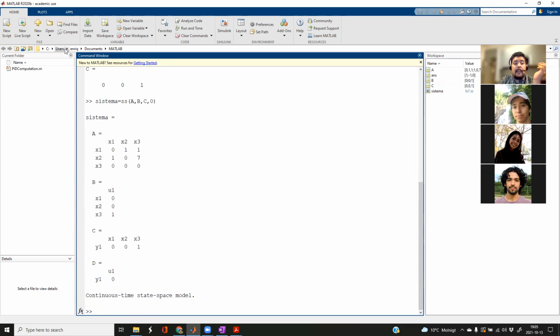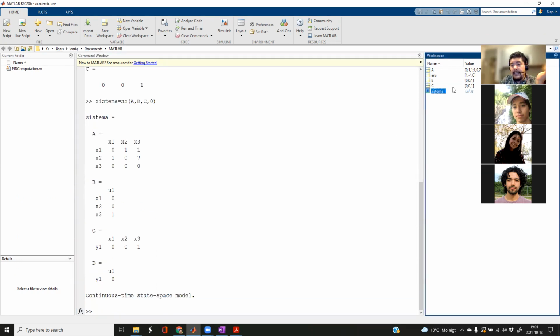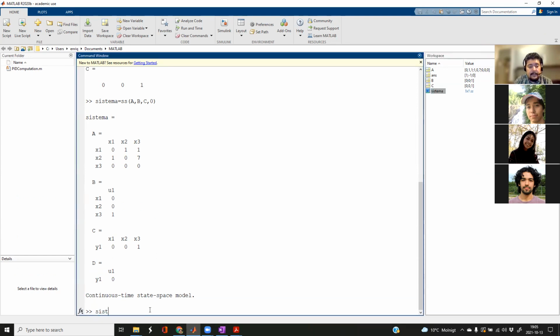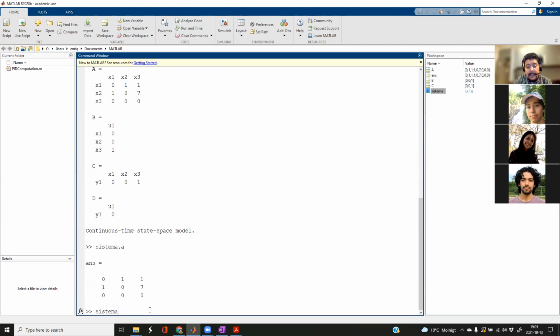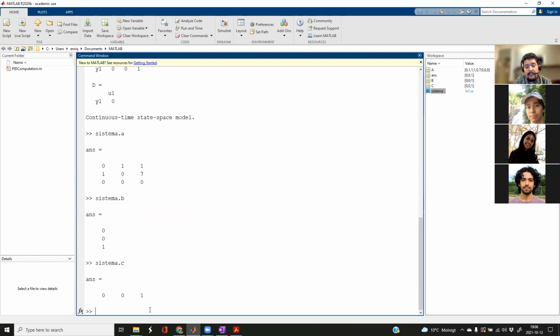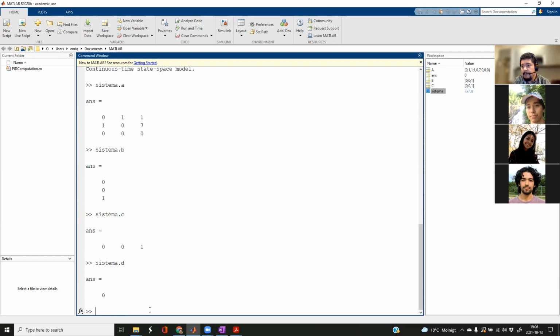So then MATLAB creates a variable that has Sistema.A as the matrix A, Sistema.B as matrix B, Sistema.C as matrix C, and Sistema.D as matrix D. And of course, we can obtain the transfer function from the variable Sistema.